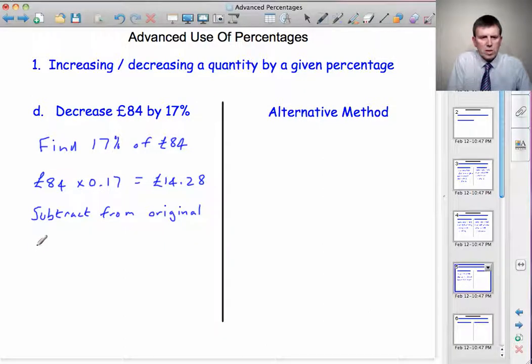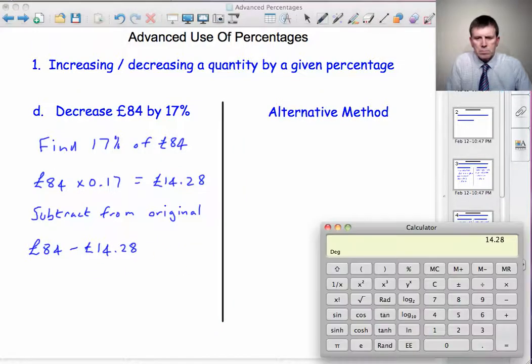So that gives us £84, take away £14.28. £84, take away £14.28 is equal to £69.72.